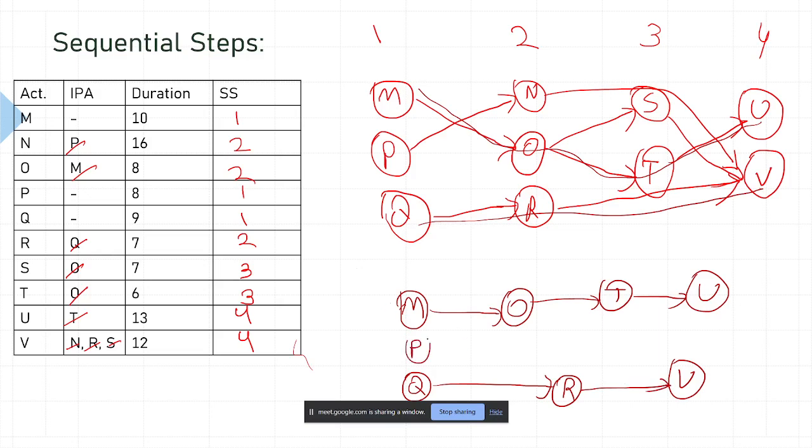Then there is P somewhere here. P, N, and V.